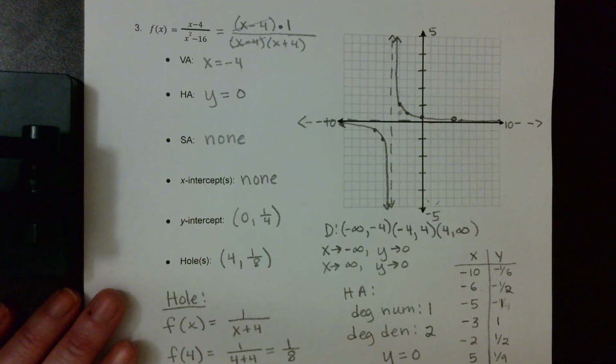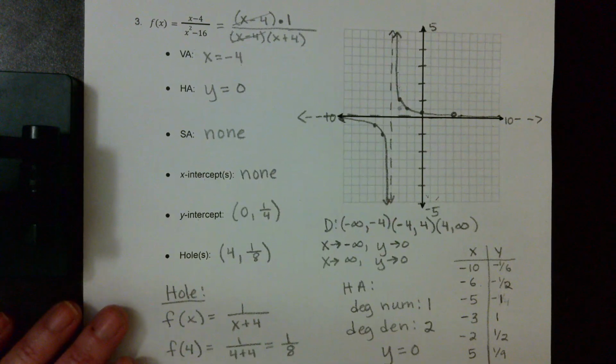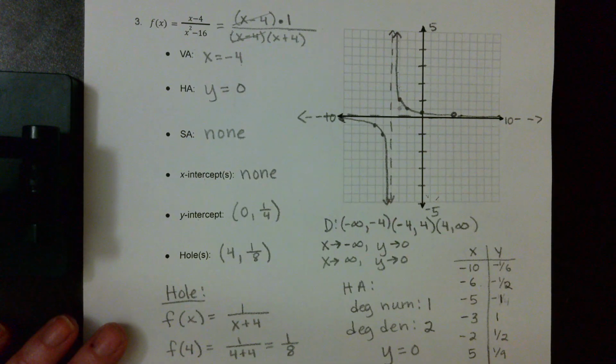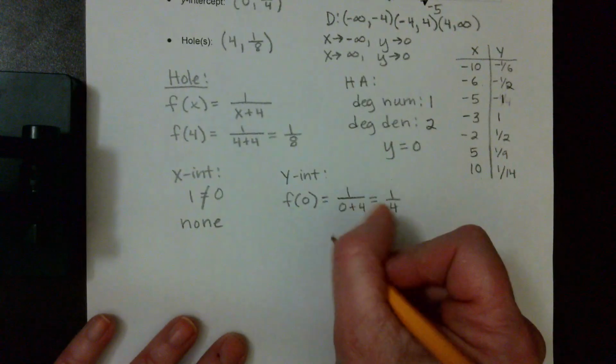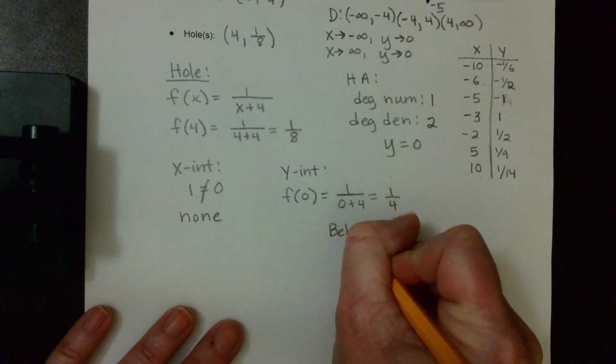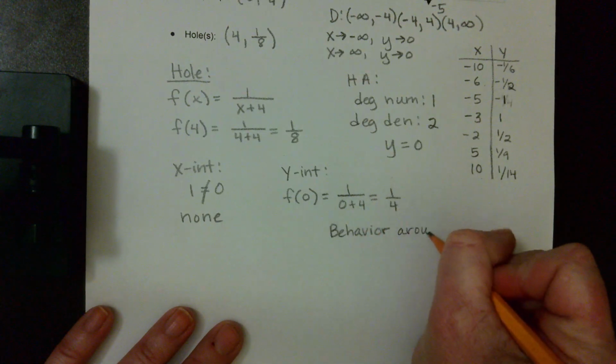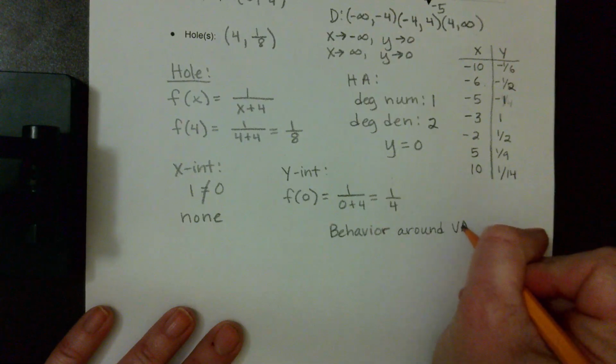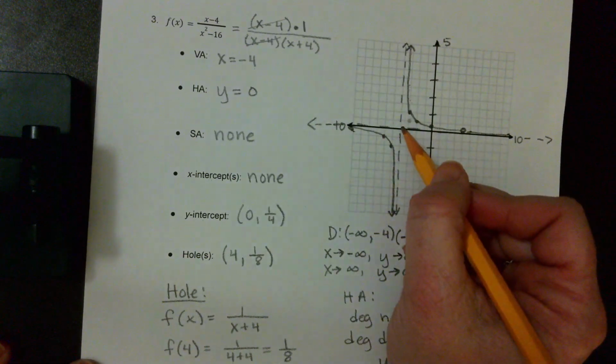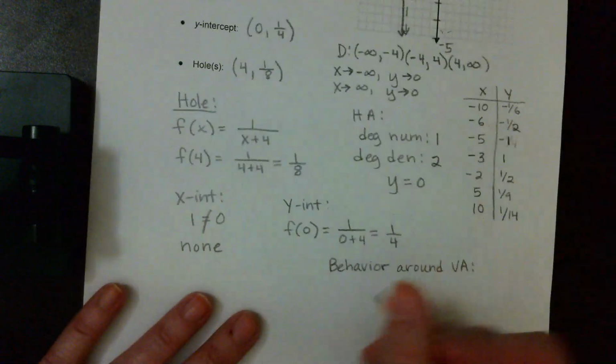And then sometimes they might also ask us for behavior around a vertical asymptote. So we want to think about where the vertical asymptote is. This would be as x approaches negative 4.